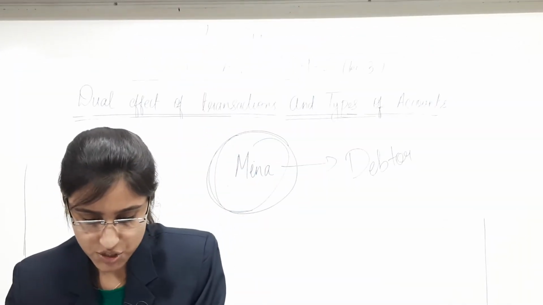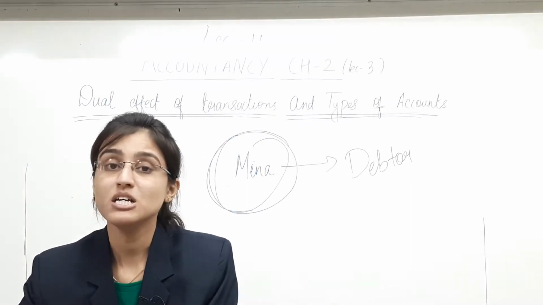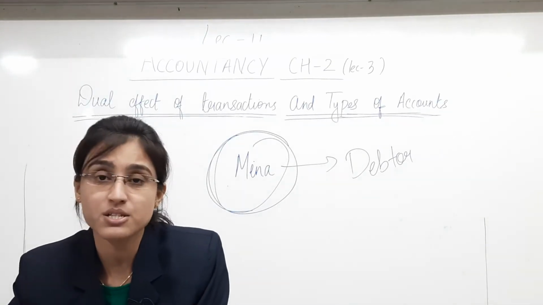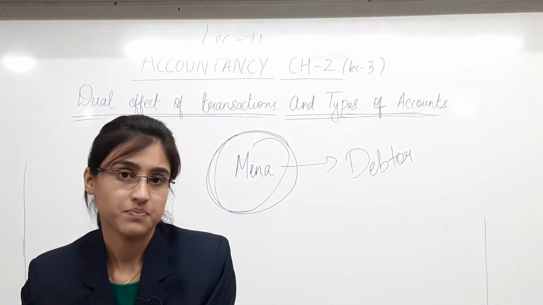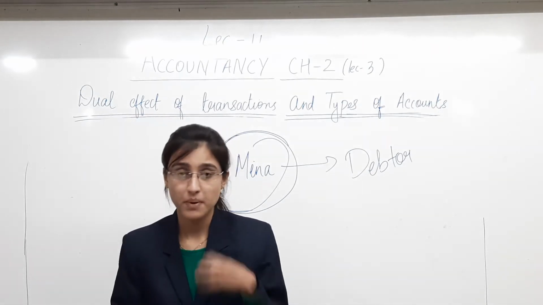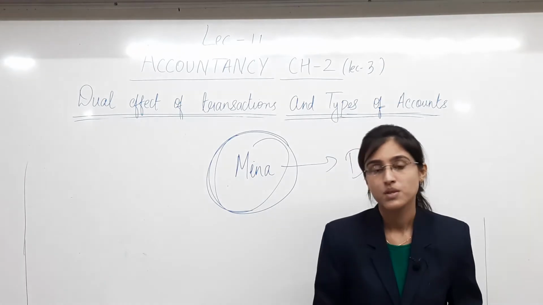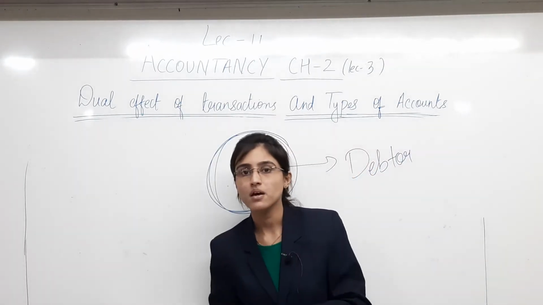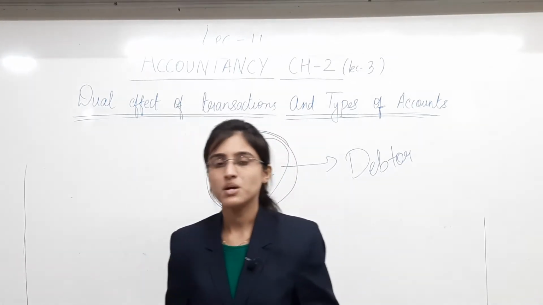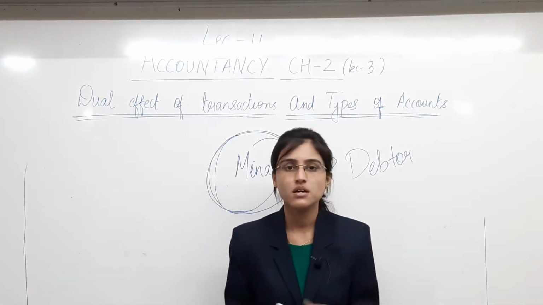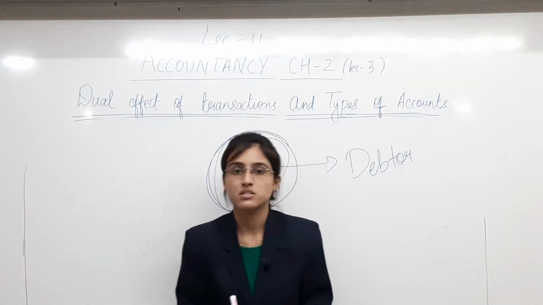Next transaction, the eighth one. Furniture of rupees 5000 purchased from Shriji Furniture. What have you purchased? An asset, furniture. From whom? Shriji Furniture. Did you pay? No. It is not mentioned. Is there any mention of the word cash? No. That means this is not a cash transaction.